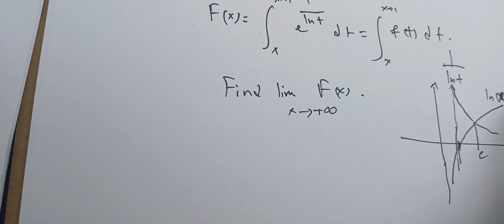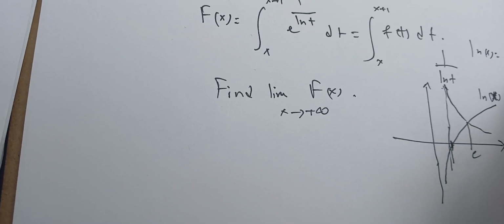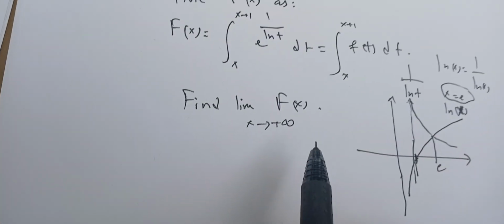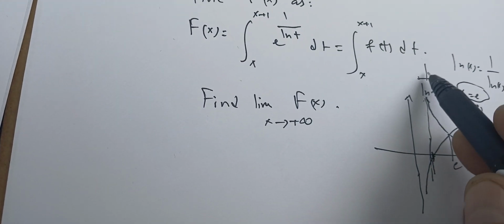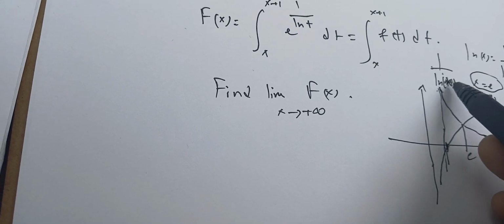You can solve this equation: ln of x is equal to 1 over ln of x, and you will see that x is e in this case. Okay, and this is the graph of 1 over ln of t or ln of x, it doesn't matter for now.